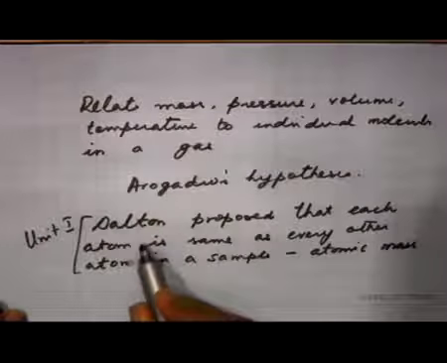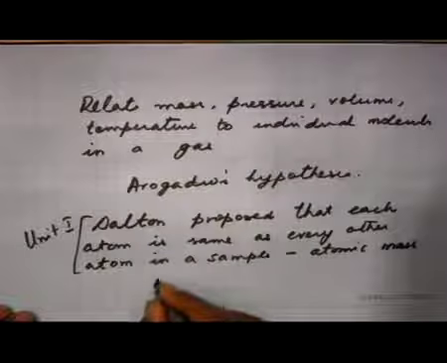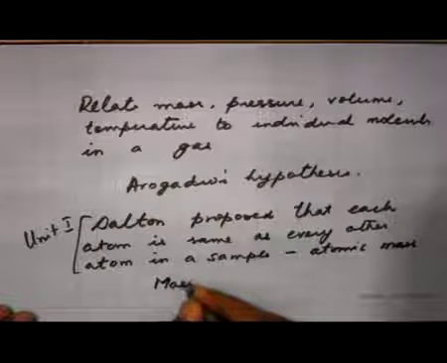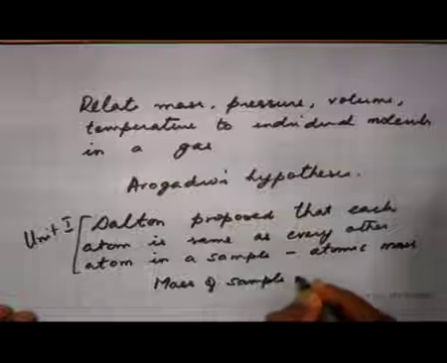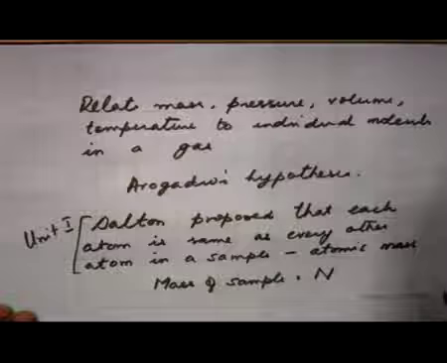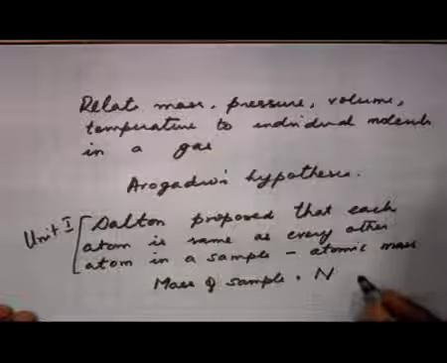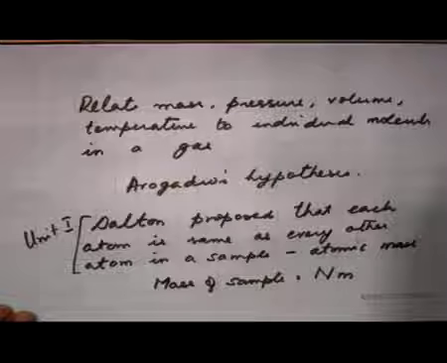So, in the light of Dalton's theory, and then Avogadro's, you have that the mass of the sample is the number of molecules or atoms present in the sample times the atomic or molecular mass.